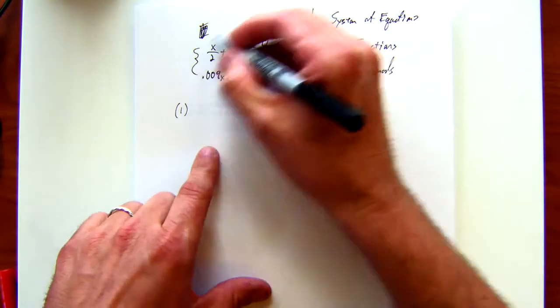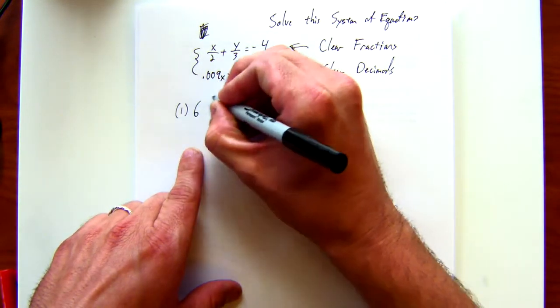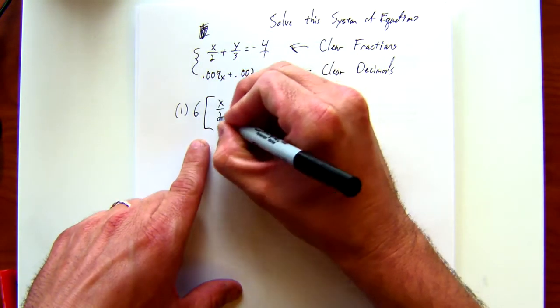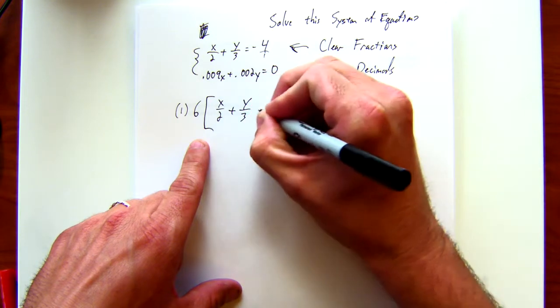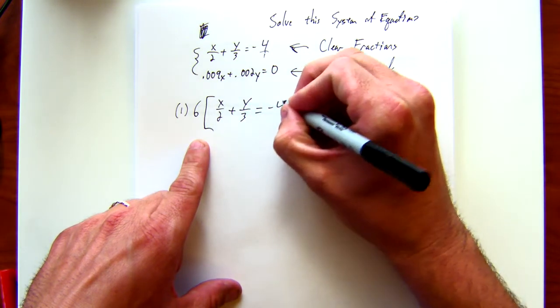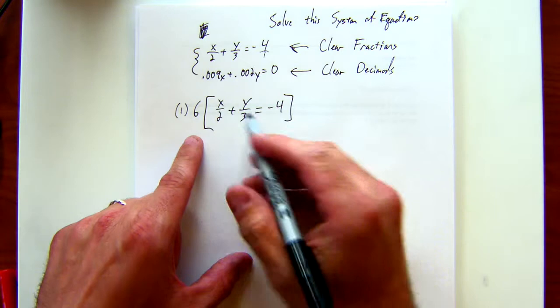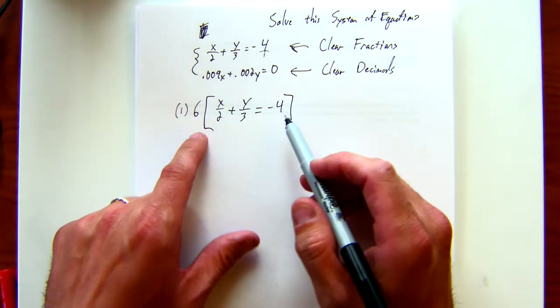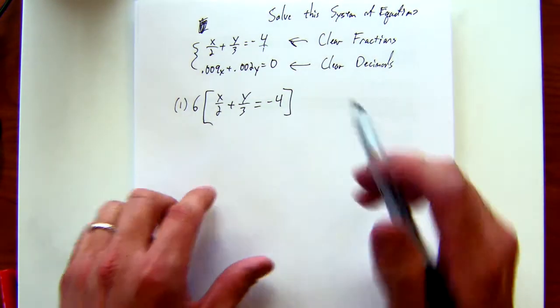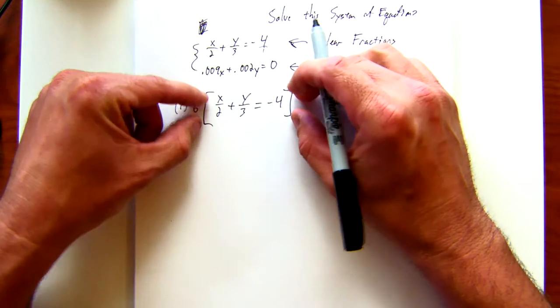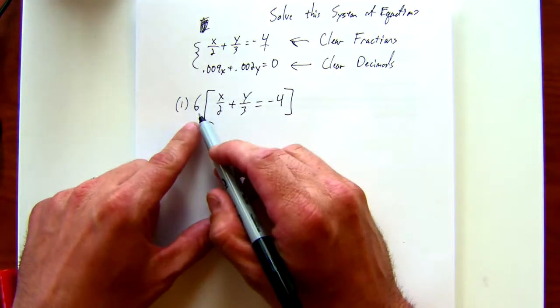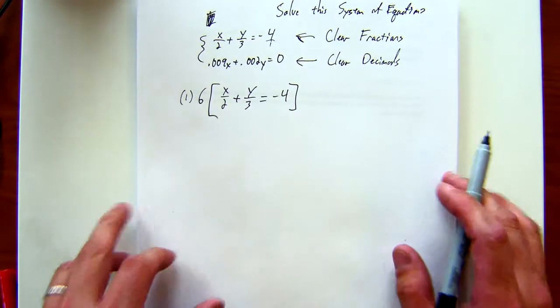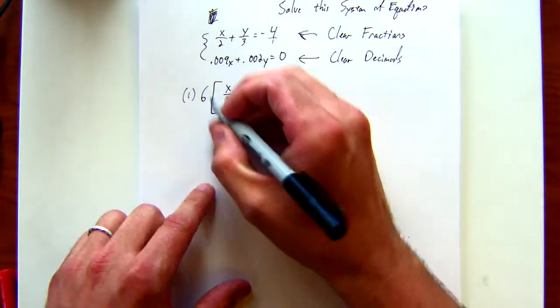So I want to multiply this equation by 6. 6 times x over 2 plus y over 3 is equal to negative 4. Now this is a little abusive notation, but that's how I keep track of it. I put my entire equation in brackets, and I'm multiplying it by 6. And now you just think about it as distributing that 6 everywhere.